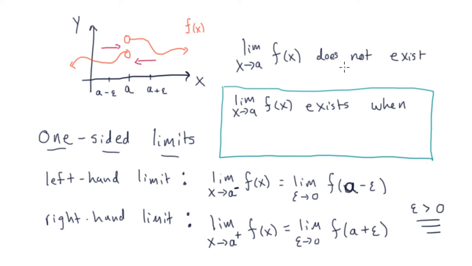So that's how we know that the limit doesn't exist. But now the limit will exist when the left-hand limit equals the right-hand limit. So this is a more precise way to state when a limit exists. Really, we mean that the limit from the left, or the left-hand limit, equals the limit from the right, or the right-hand limit.